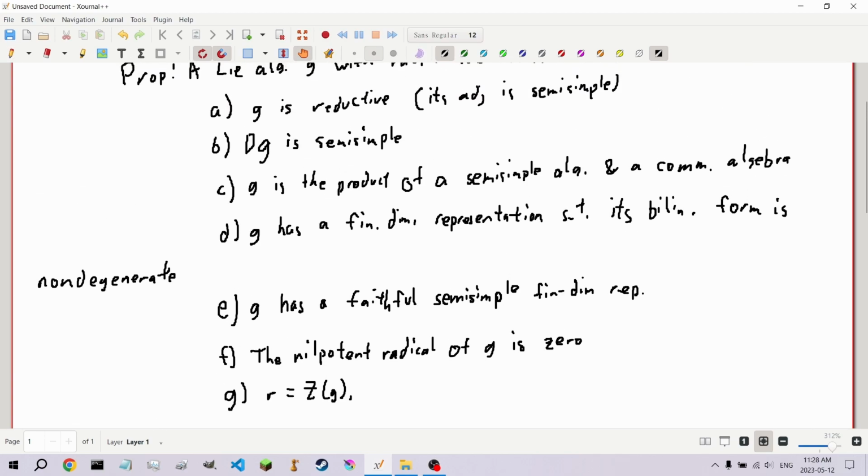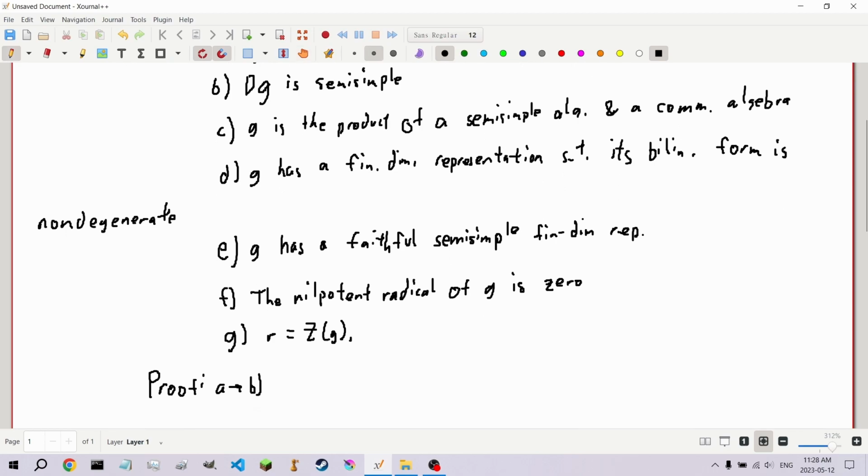We have G, the adjoint of G is semi-simple, we want that its derived algebra is.